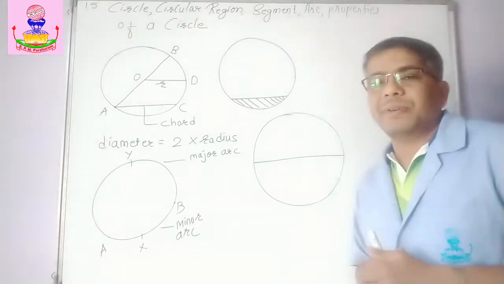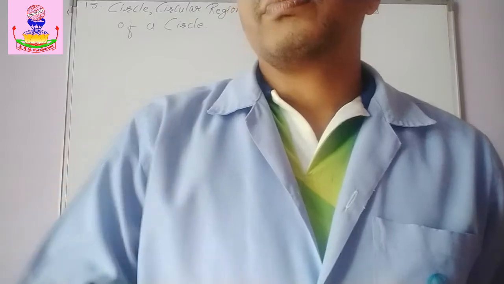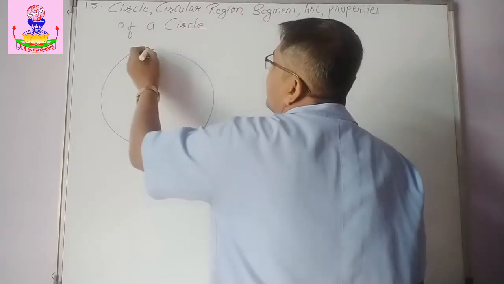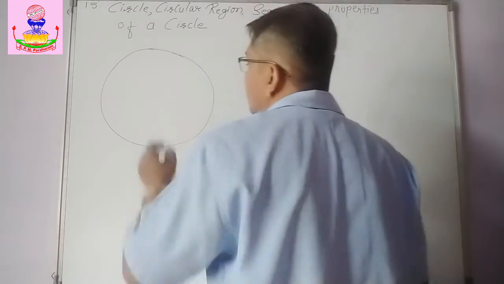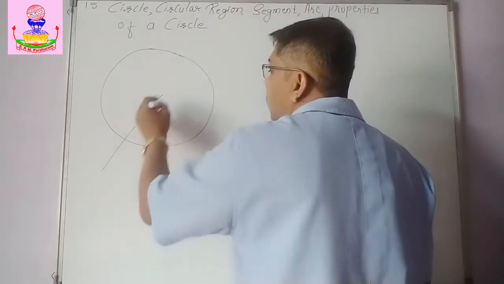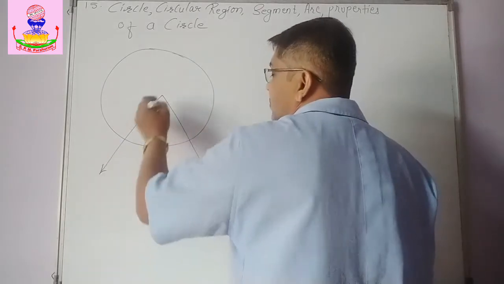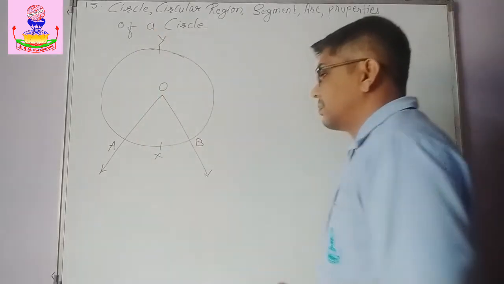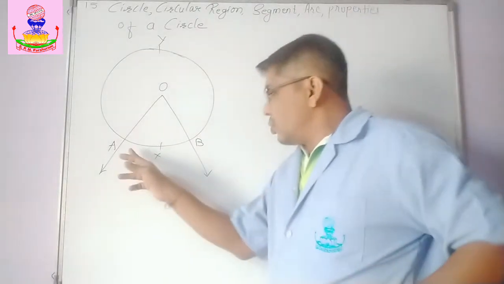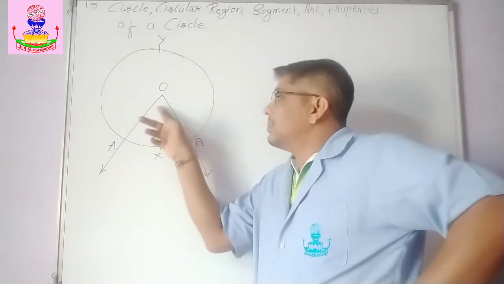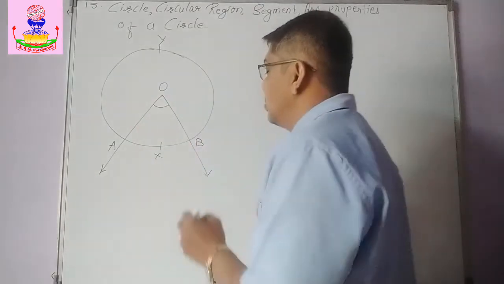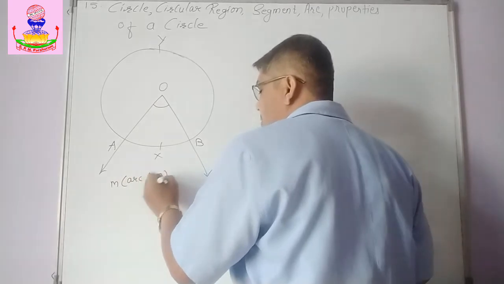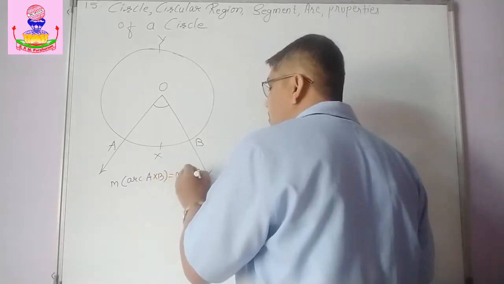Now let's move to the next part: how to measure an arc. The measure of the minor arc AXB is equal to the measure of angle AOB.